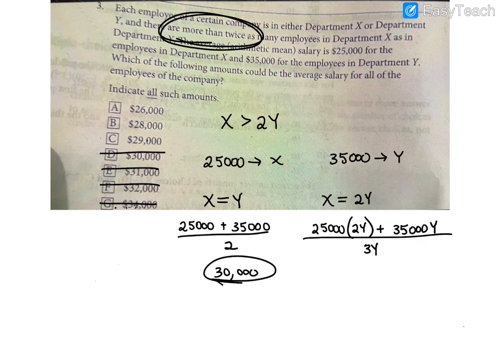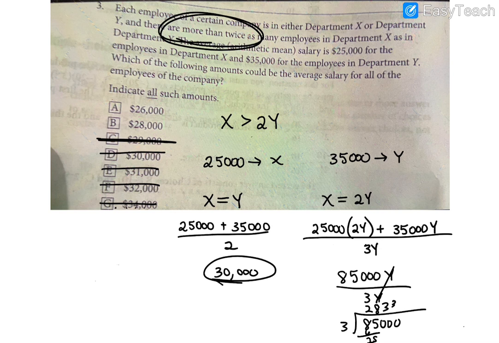Then we're going to have 50,000 plus 35,000, which would be 85,000Y divided by 3Y. Of course, the Y's cancel. If I divide that out, which hopefully you get to use a calculator, but I'm just going to do it by hand, you get 28,333. And so that's if X were twice Y. Since X is actually bigger, you can't have 29,000 either. You're going to have to be less than 28,333. So that's why these two choices would be the correct ones.